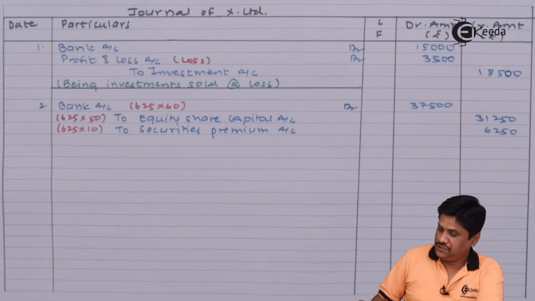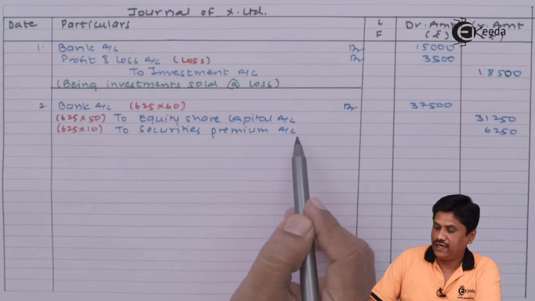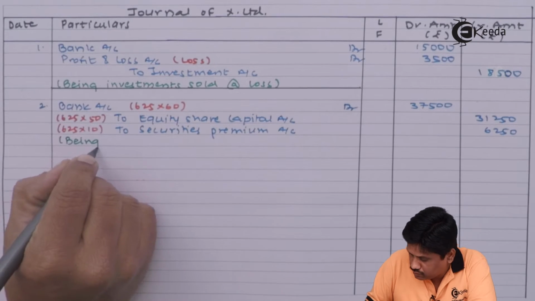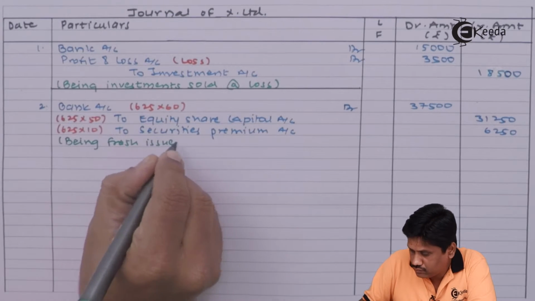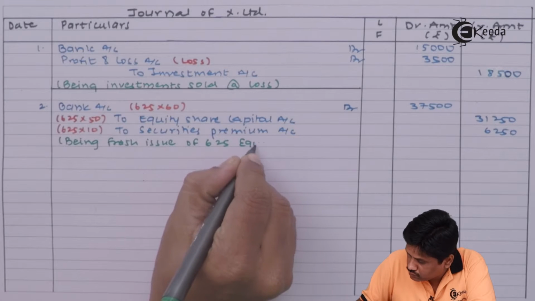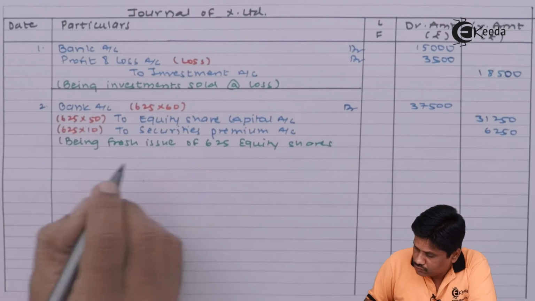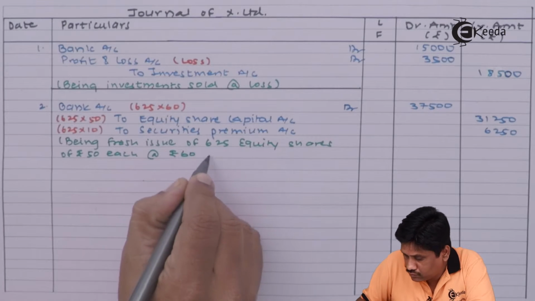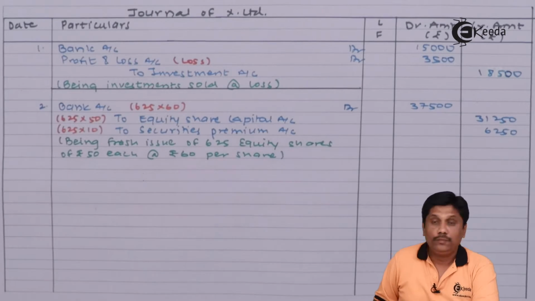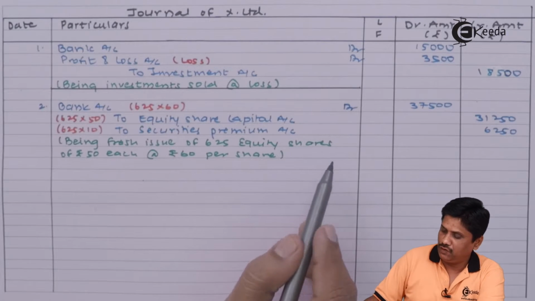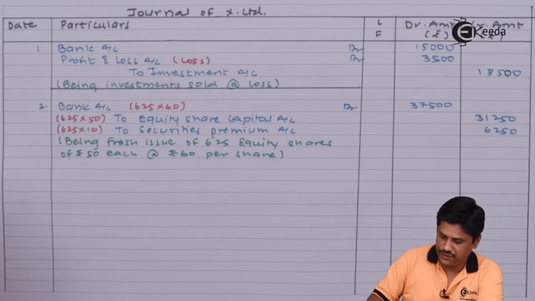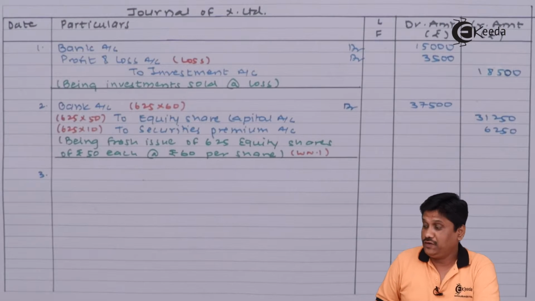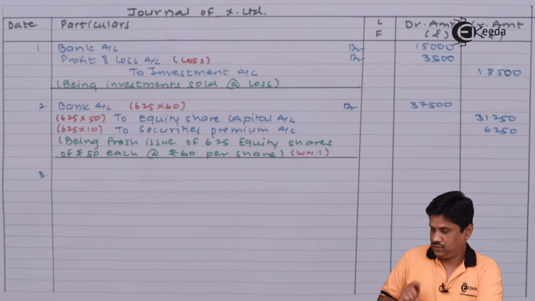Entry for fresh issue: bank account debit to equity share capital account and securities premium account, based on our working note. Being fresh issue of 625 equity shares of rupees 50 at rupees 60 per share, as per our working note number 1. Now, sir, how much fund do we need from our reserves?